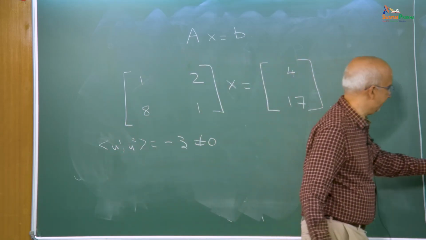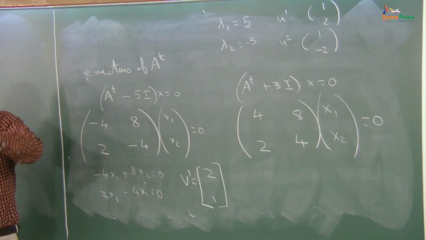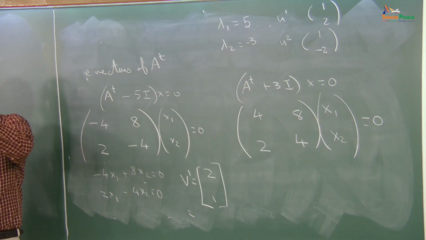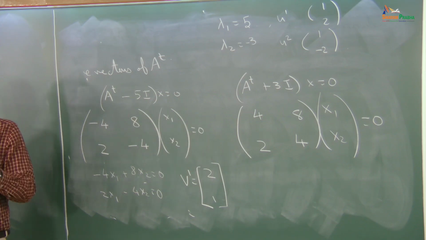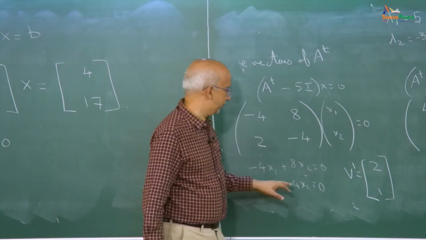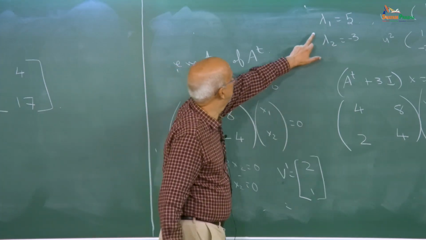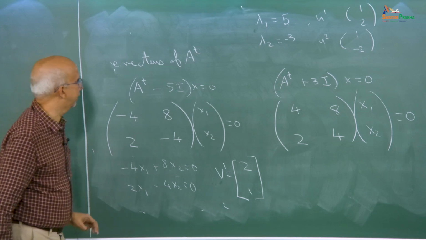So, you see this dependency in the equations, you are getting the same equation. If you have 3 equations, one of them will be dependent on the other 2 or 2 will be dependent on one of them, whatever, there will be a dependency, only then I can get a non-zero solution. Okay. So, basically V1 is the eigenvector corresponding to lambda 1, 5, that is 2 1.